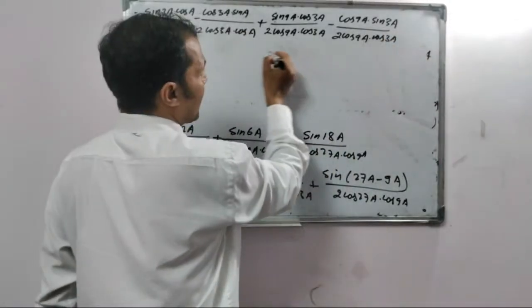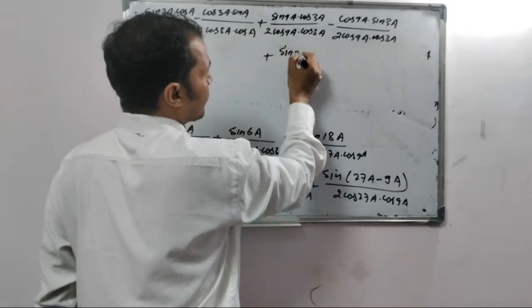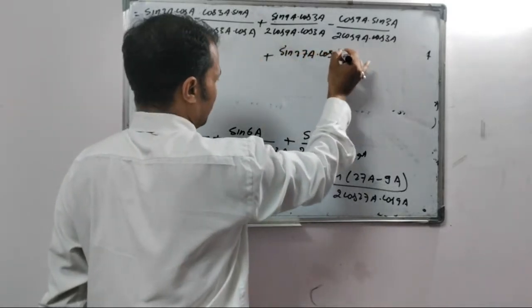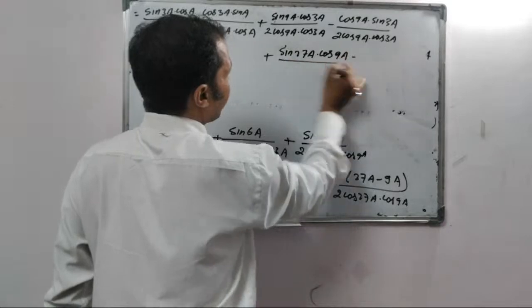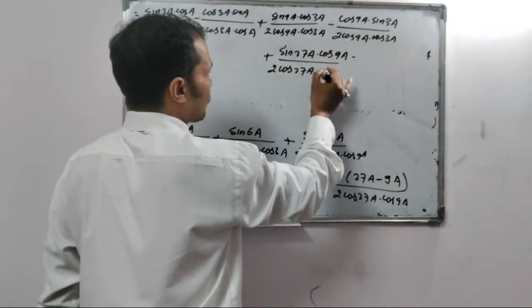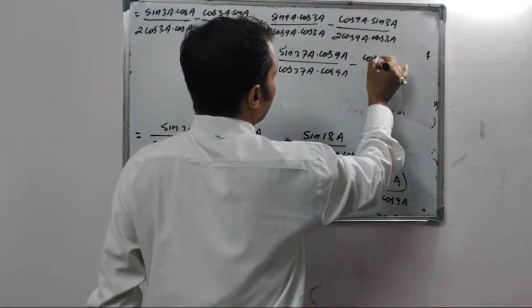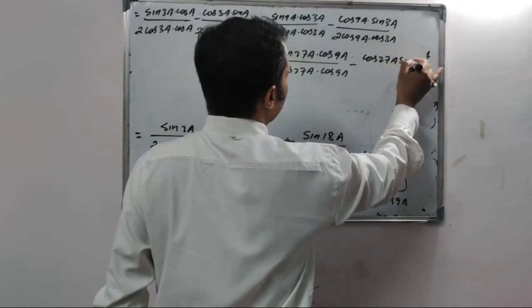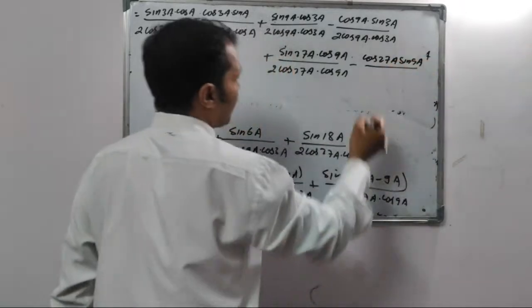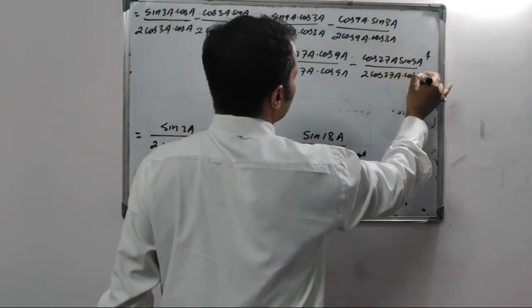Then for the last one, see this one, sin a cos b: 2 cos 27a into cos 9a, minus cos a sin b by 2 cos 27a into cos 9a.